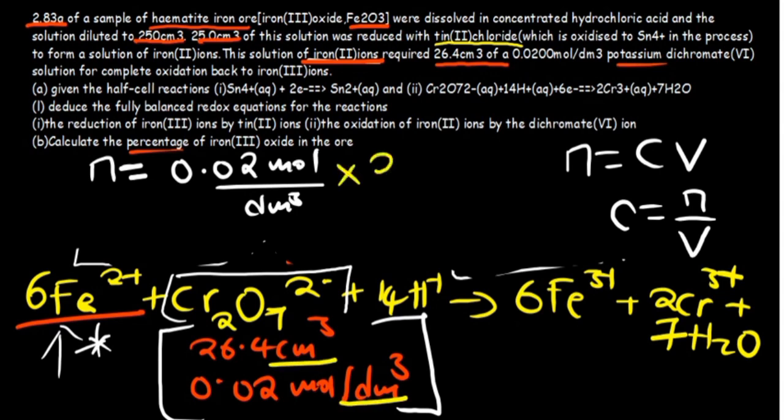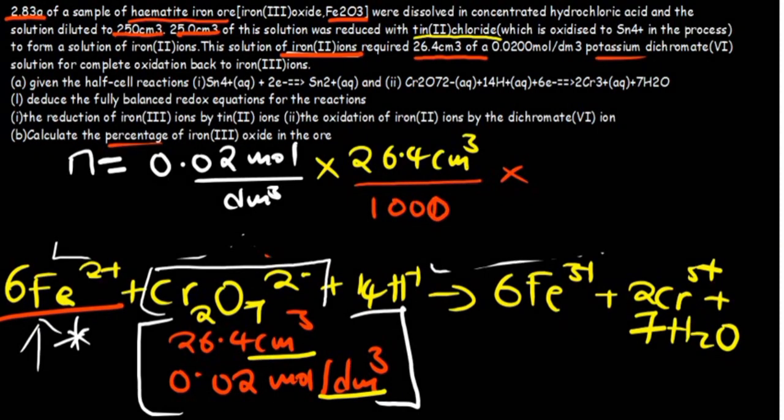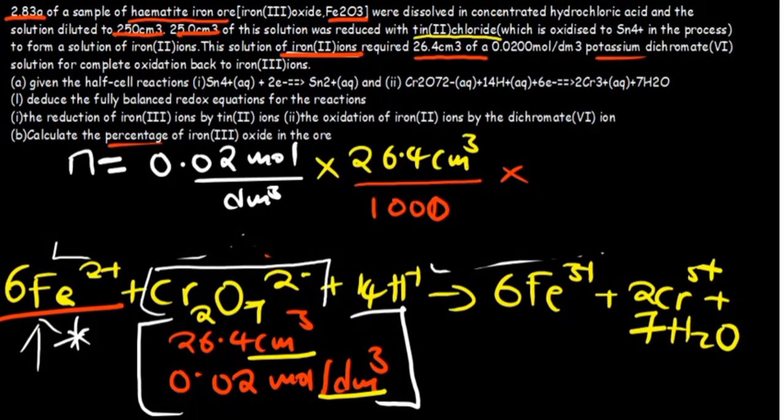So we're going to have 26.4 divided by 1,000, giving us the units in decimeter cubed, which we now multiply with 0.02. We divide by cubic centimeters and multiply by decimeter cubed, showing the conversions.